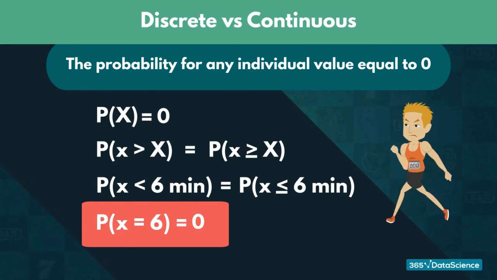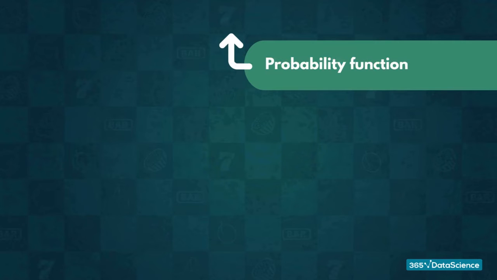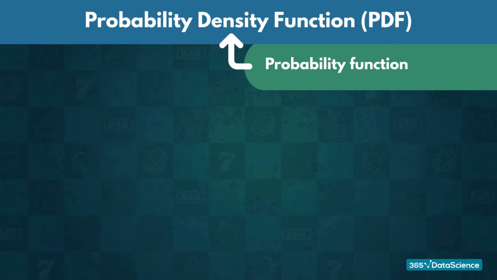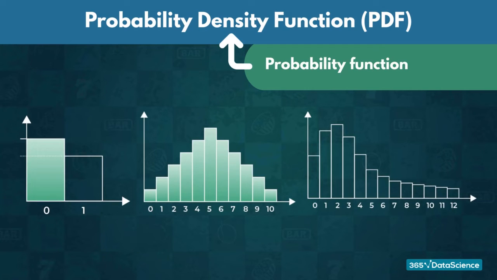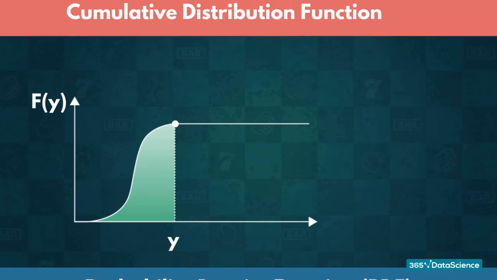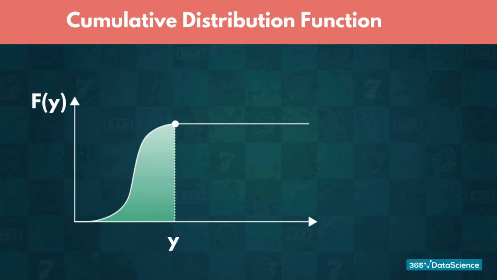So far, we've been using the term probability function to refer to the probability density function of a distribution. All the graphs we explored for discrete distributions were depicting their PDFs. Now, we need to introduce the cumulative distribution function, or CDF for short. Since it is cumulative, this function encompasses everything up to a certain value.